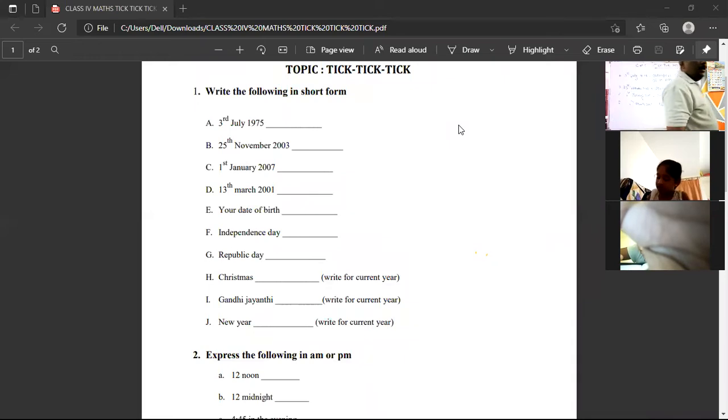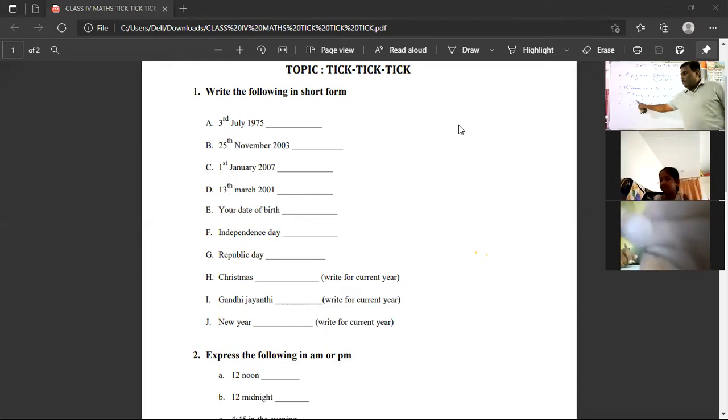If A, B, C, D are done by all the students, I will erase this. No, sir. A, B, C, D are done. Okay. It's very simple.